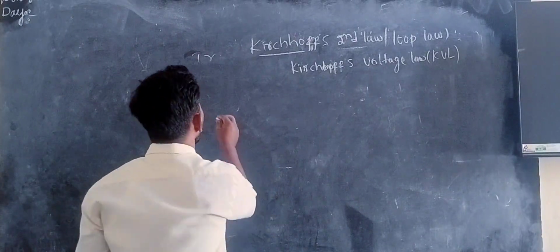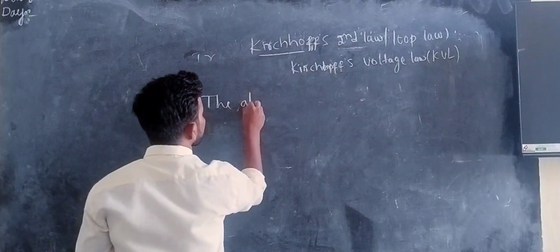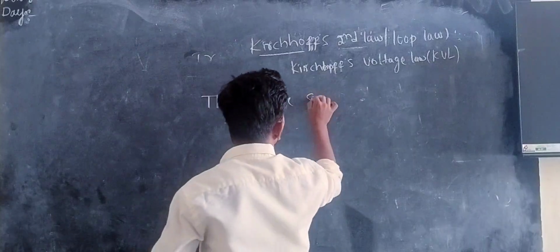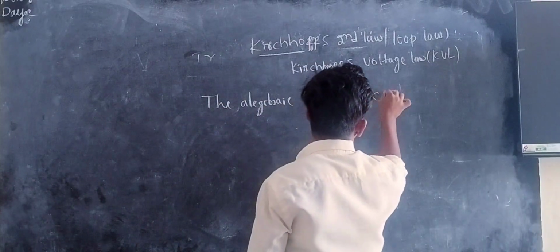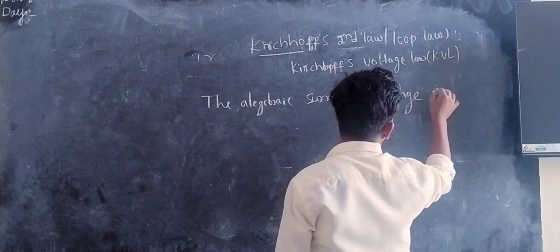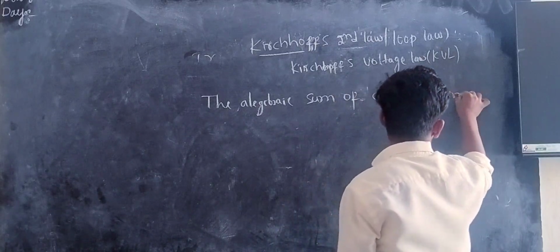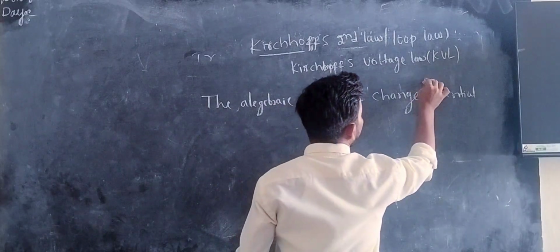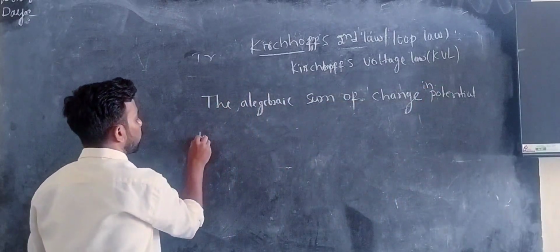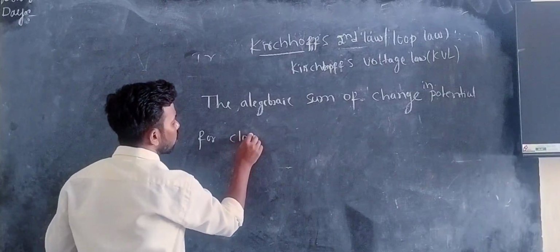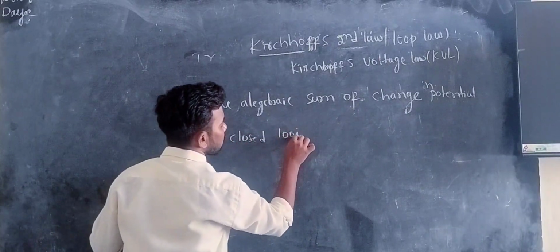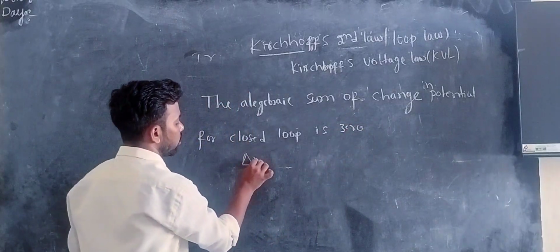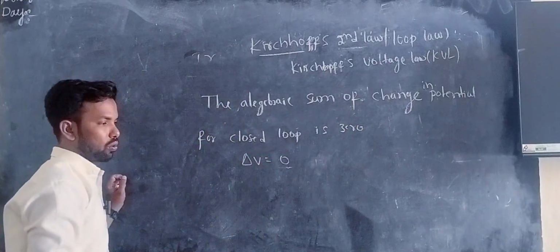The algebraic sum of change in potential for a closed loop is 0. What does it mean? Delta V is equal to 0. Let us take one closed loop.